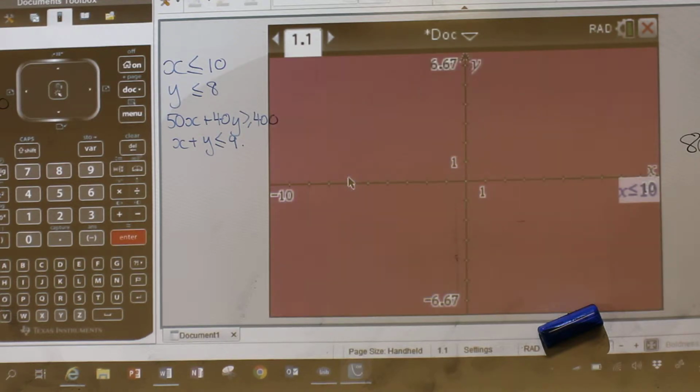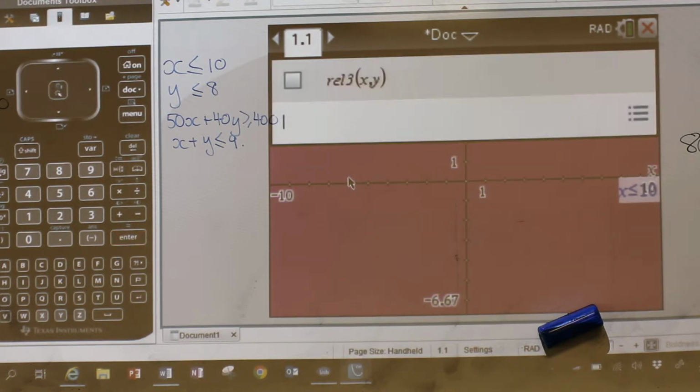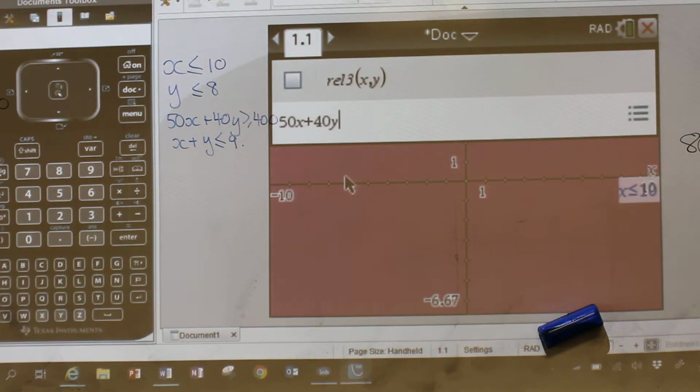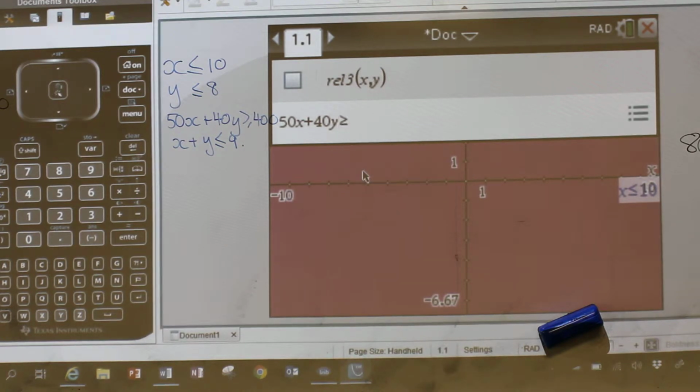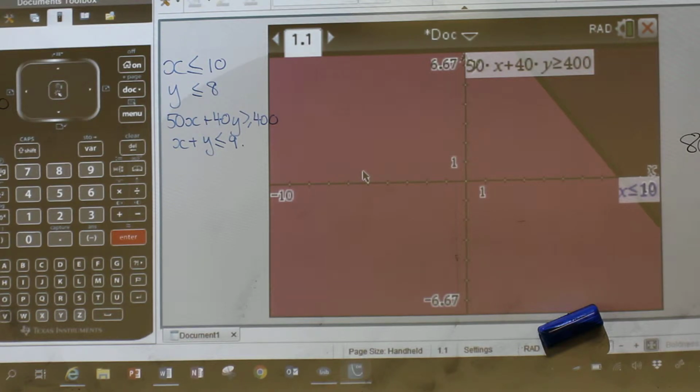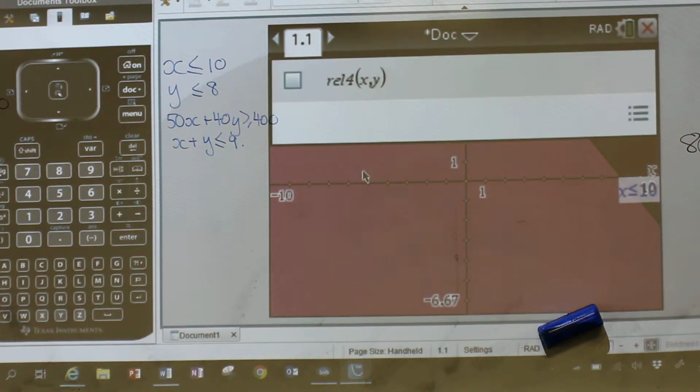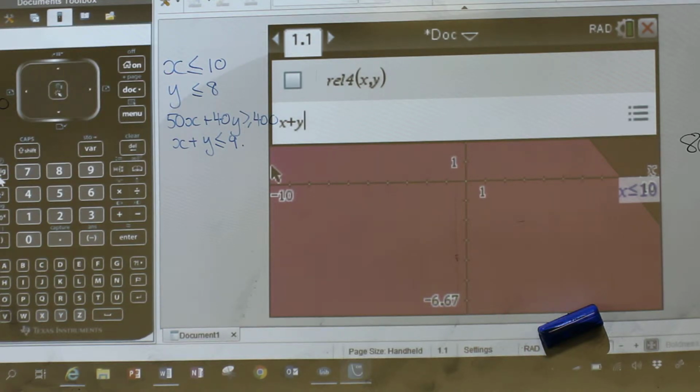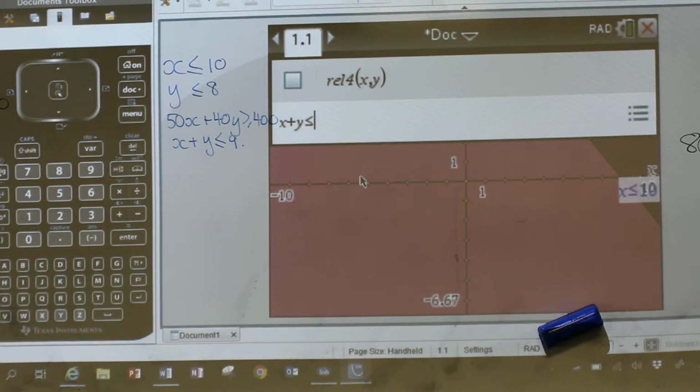Okay, enter. And I have 50x plus 40y has to be less than or equal to 400. Enter again. And then I have tab, last one, x plus y has to be less than or equal to 9.